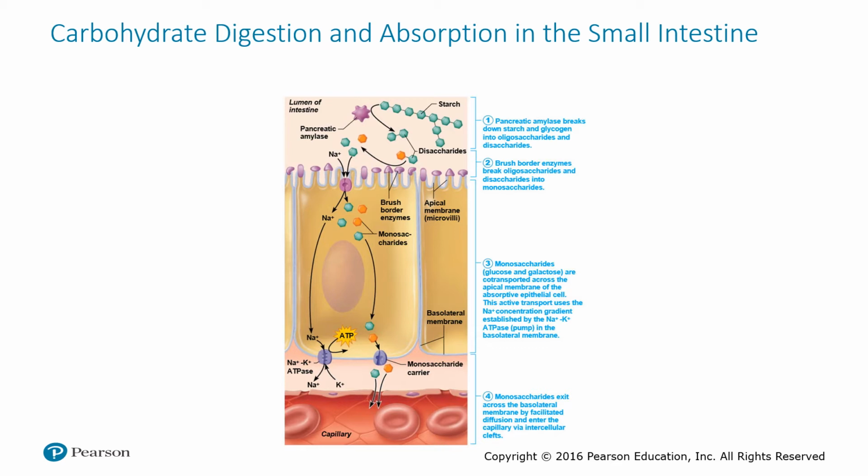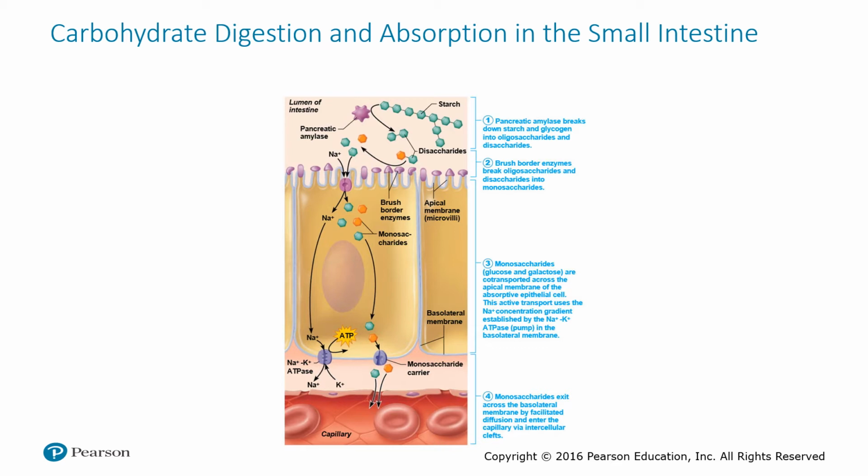Next, the brush border enzymes, which include many different enzymes such as dextrinase, lactase, and glucoamylase, further break down the oligosaccharides and the disaccharides into lactose, maltose, and sucrose, and then finally help to break down these components into the monosaccharides, which we mentioned on the previous slide. The monosaccharides include glucose, fructose, and galactose, which our body can utilize.